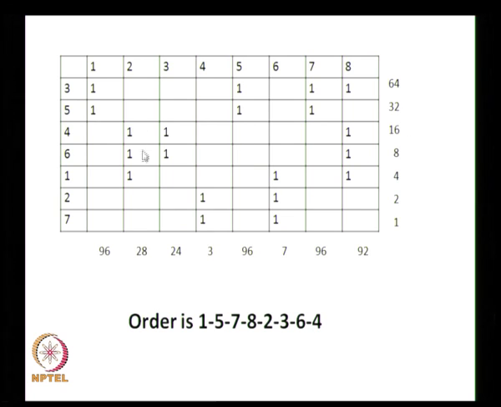Here it is 16 plus 8, 24 plus 4, 28. Here it is 16 plus 8, 24, 2 plus 1, 3, 64 plus 32, 96, 4 plus 2 plus 1, 7, 64 plus 32, 96, 64 plus 16, 80, 88 plus 4, 92.